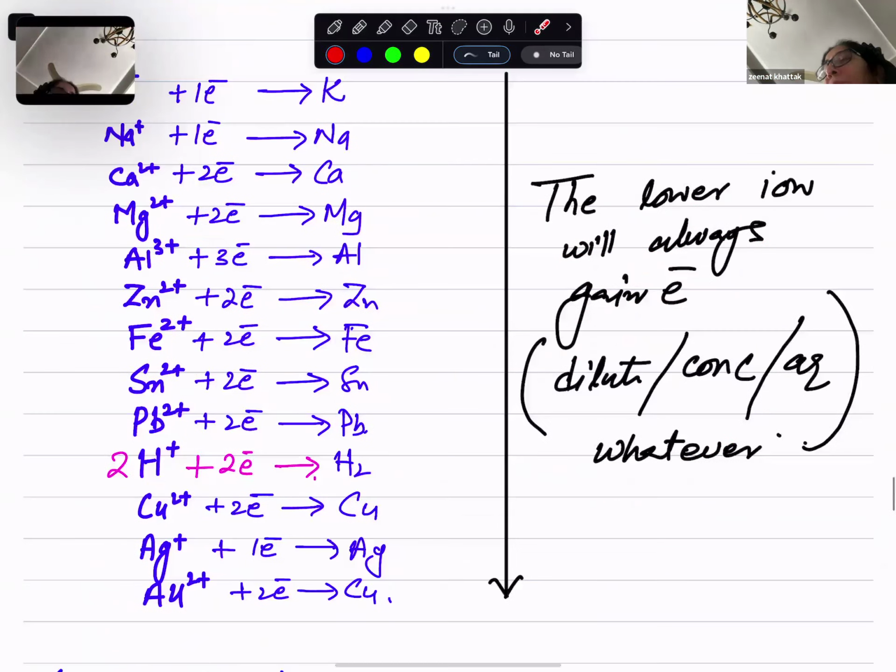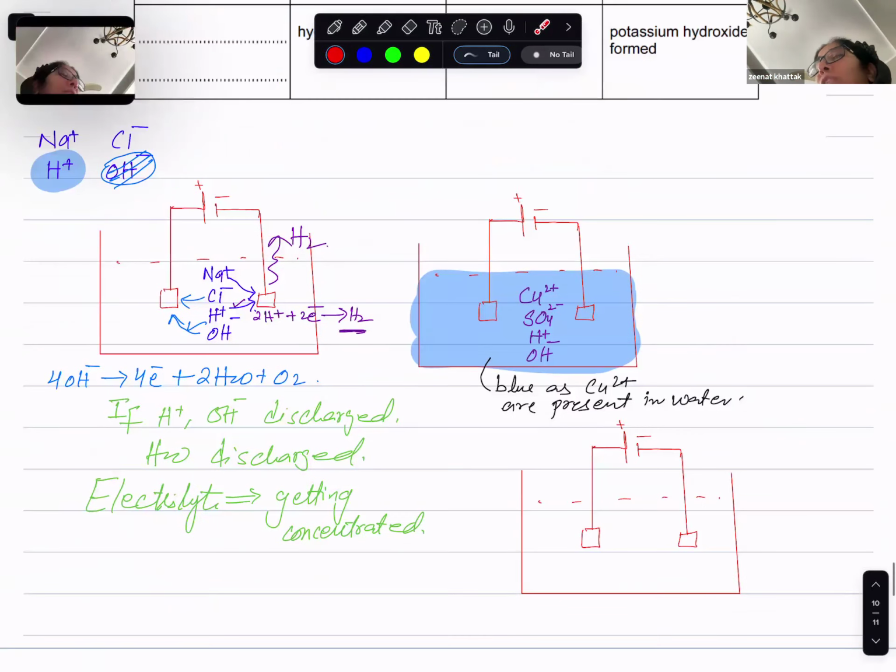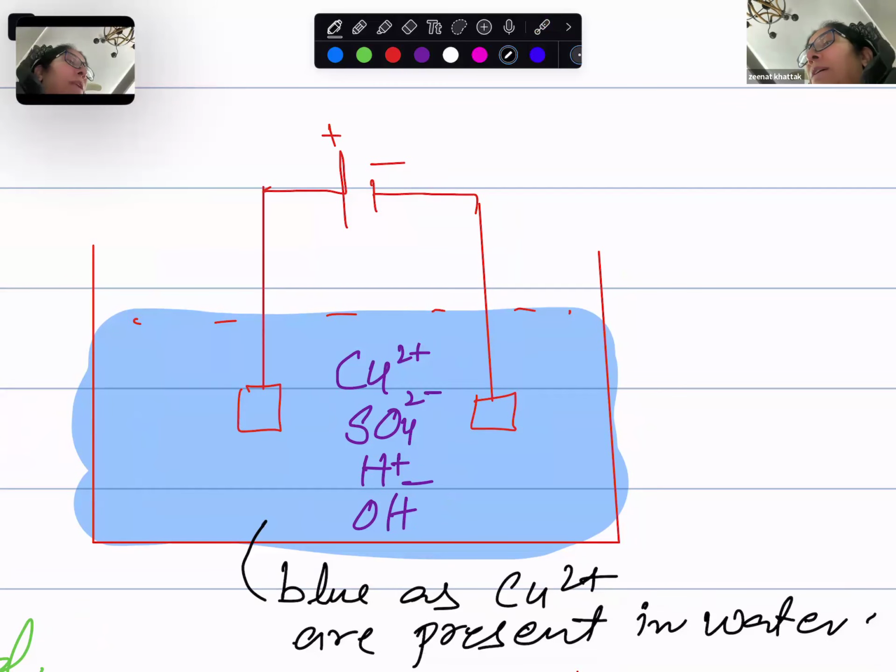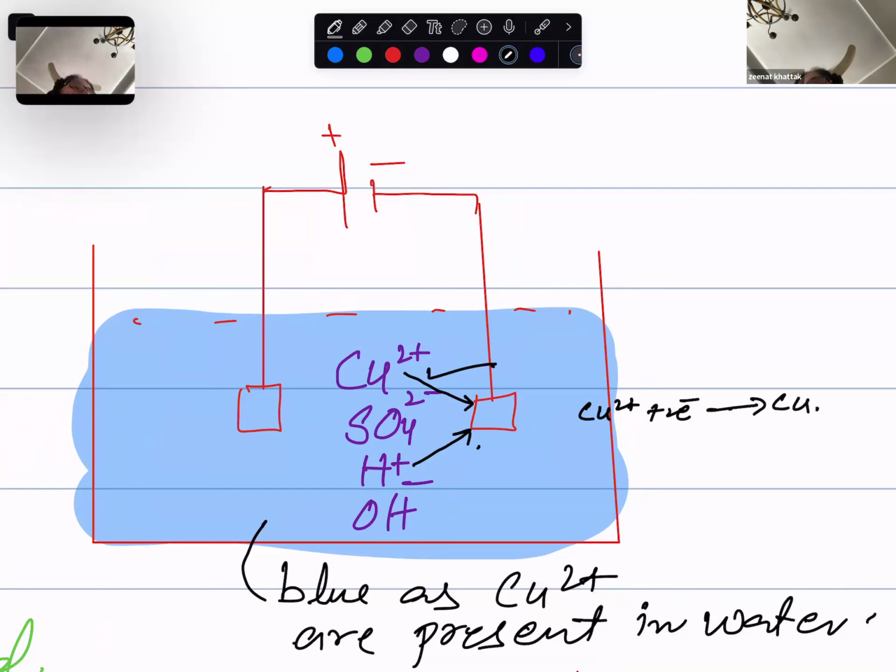Both will go to the cathode, but copper ions gain electrons making copper metal. This is a pink brown metal deposit at the cathode.